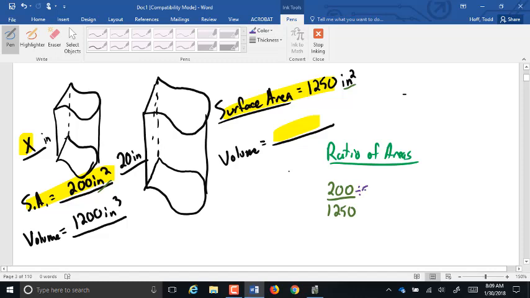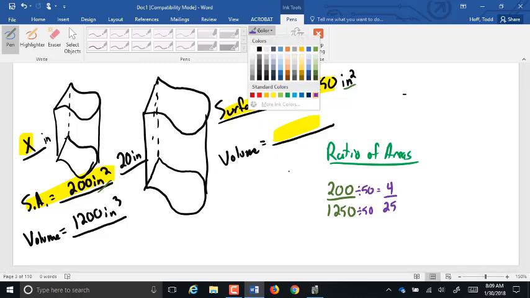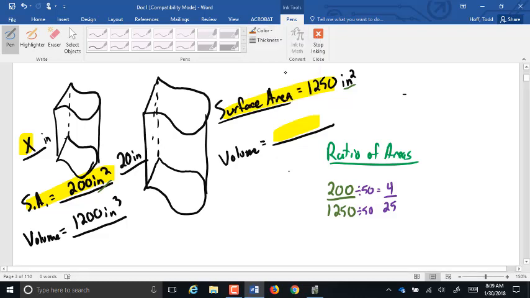Both of these can be divided by 50, which gives us 4 over 25, correct? You may have divided both by 10 first and then by 5, but either way you'll get there. Well, that's the ratio of areas.